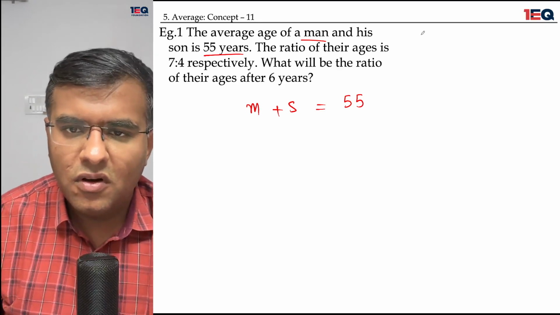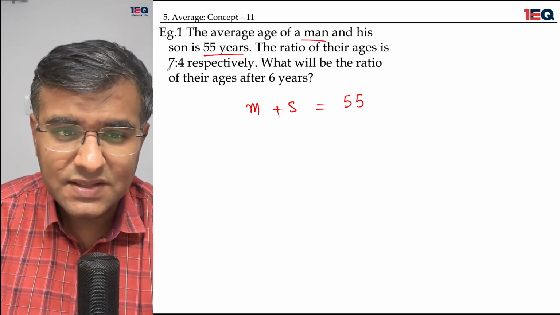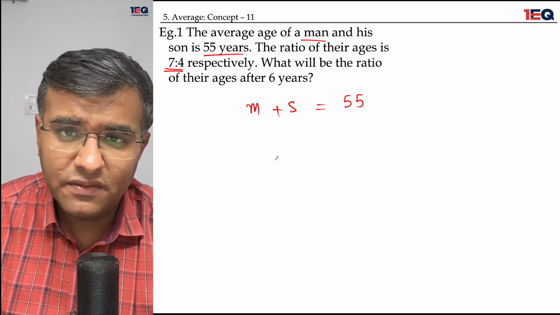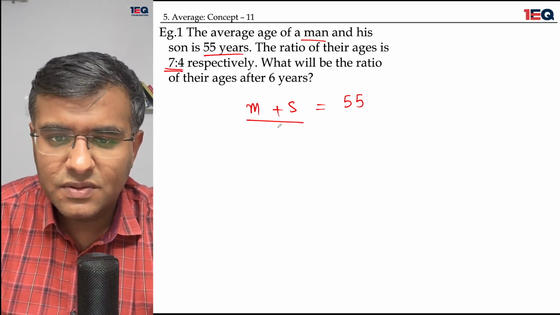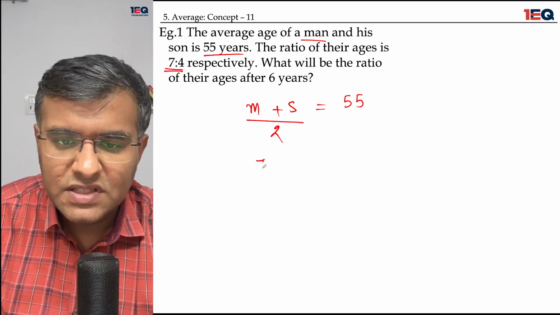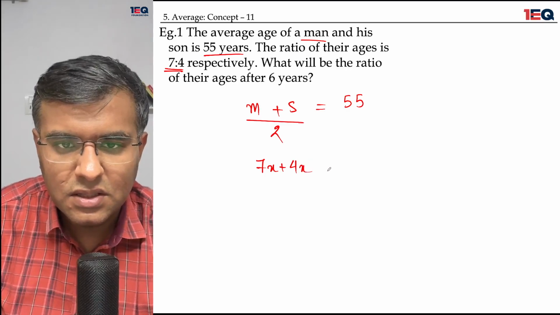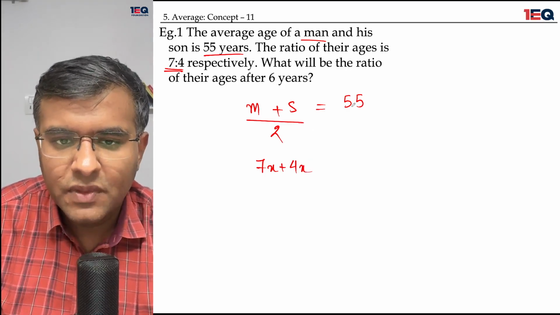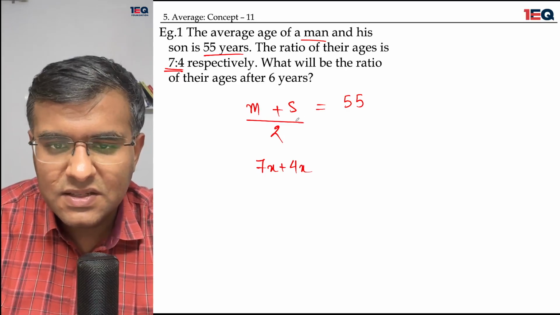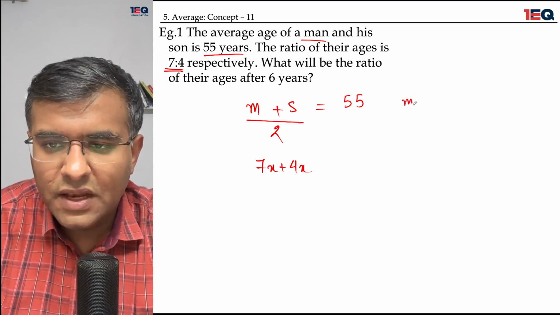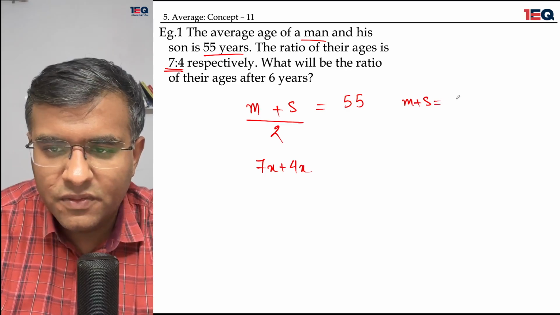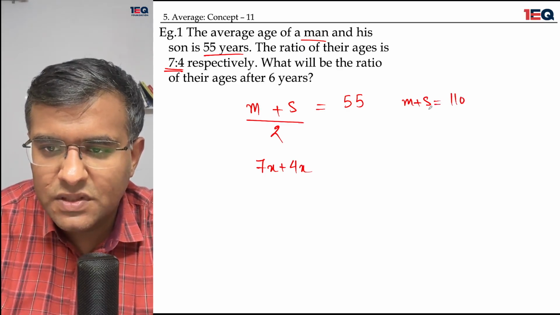The ratio of their ages is 7 is to 4 respectively. 7 is to 4 means 7x plus 4x. So if the average is 55, the sum of man plus son would be 55 into 2, which is equal to 110.